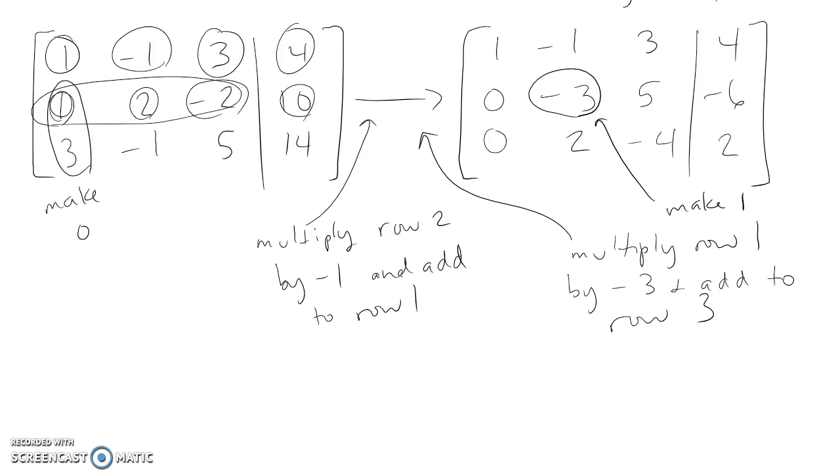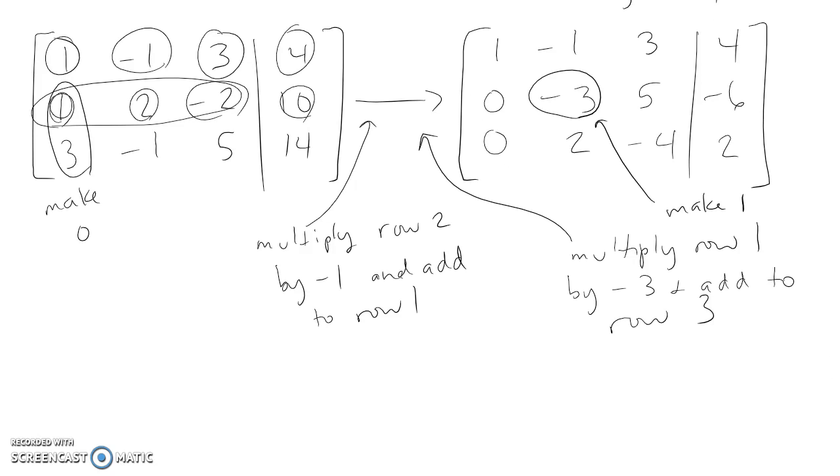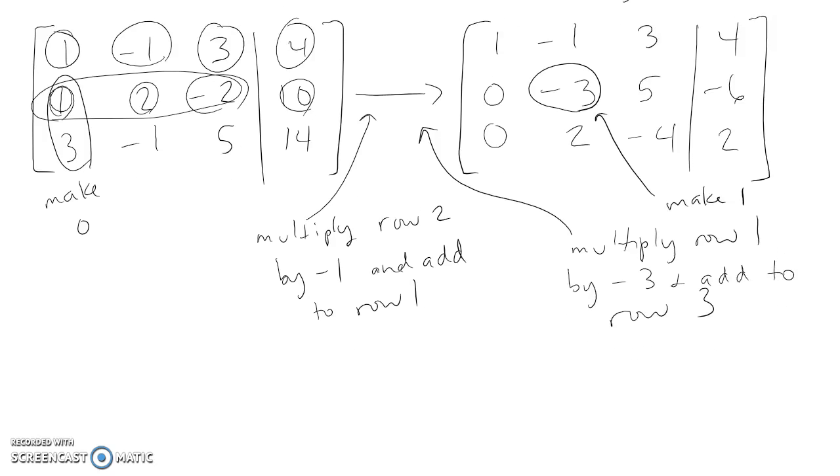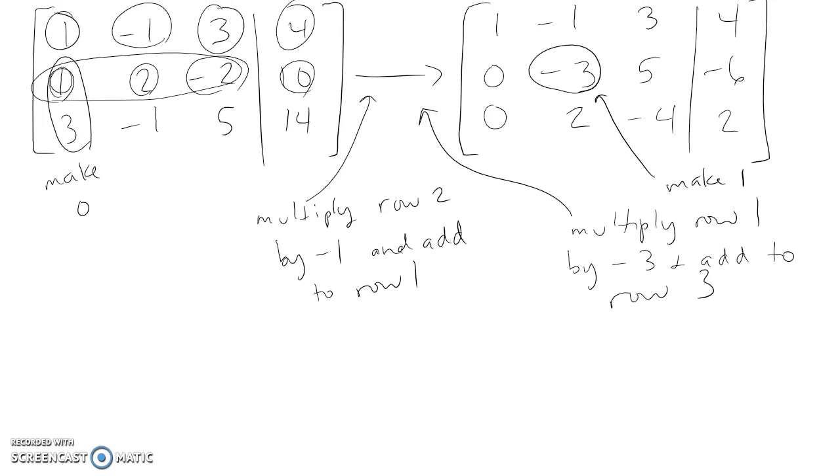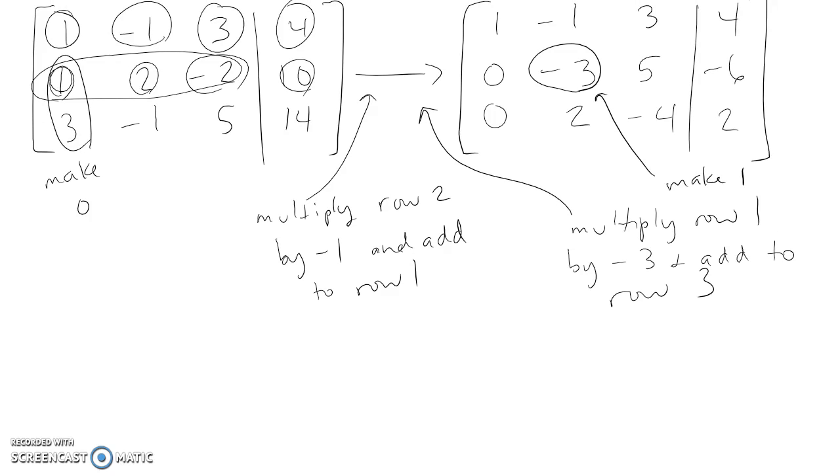Now I need to make the -3 into a 1. There's something I can multiply the entire row by to get a 1 there, and that would be -1/3, the reciprocal. So I'm going to multiply row 2 by -1/3.